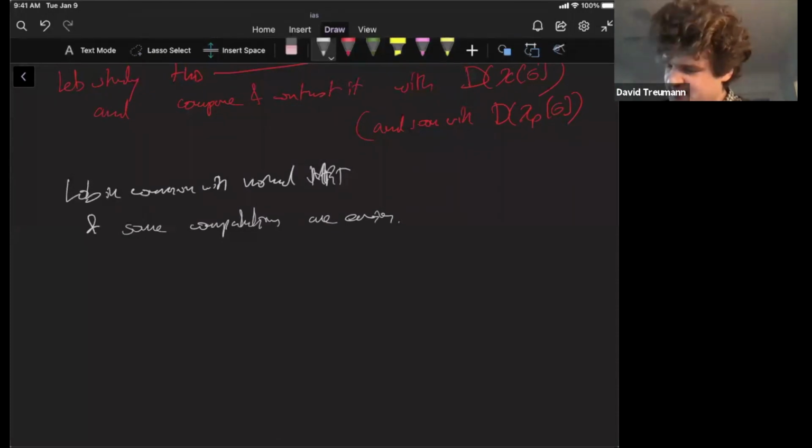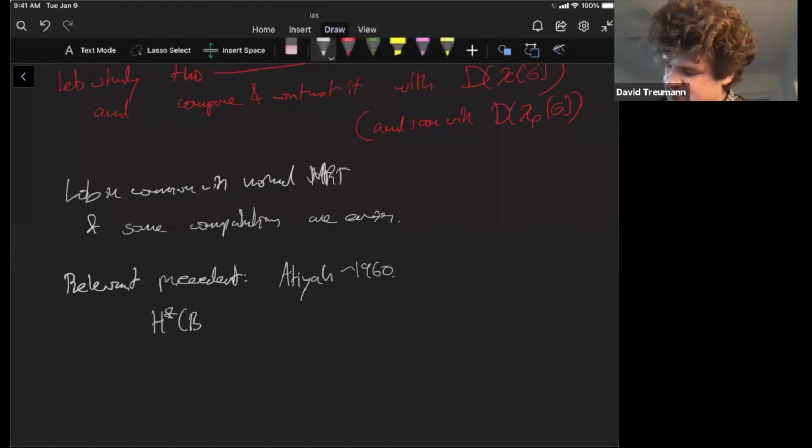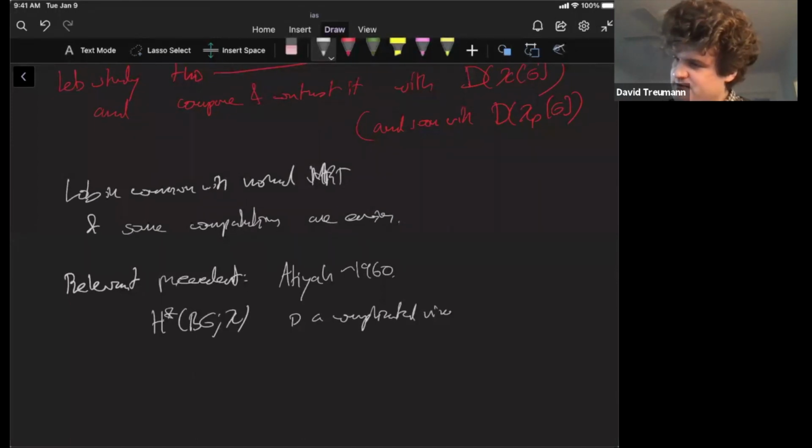So a relevant precedent for that is this result of Atiyah from 1960 or so. The cohomology of a finite group with integer coefficients is very complicated. It's a complicated ring with lots of torsion, lots of nilpotent elements.